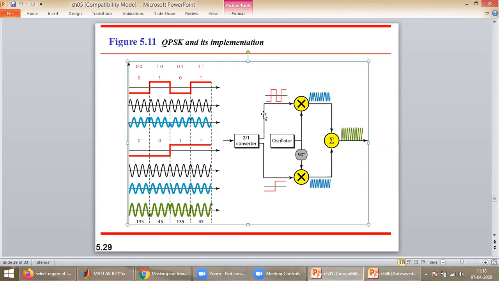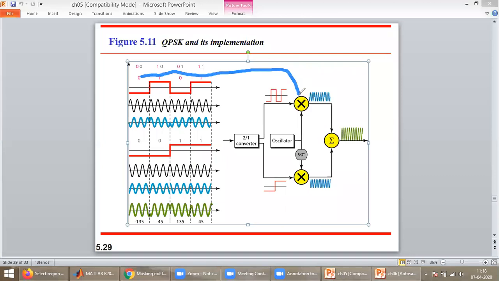One is sent to the first multiplier, and the other is sent to the second multiplier. Consider the same signal. Here the first bit is sent to the first multiplier, then the second bit is sent to the second multiplier.